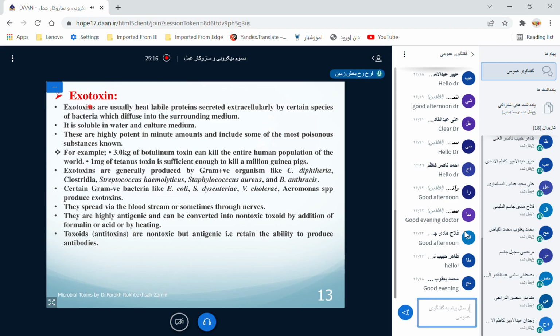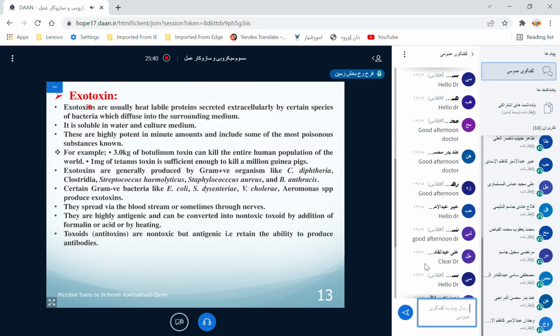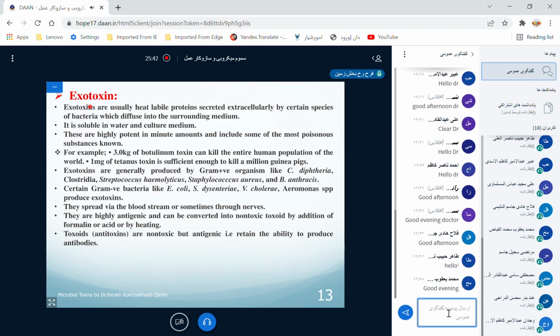So endotoxin, we had only one. The endotoxin of all gram-negative bacteria is the same in structure, behavior, and everything is similar. But exotoxins have many variations, many differences.